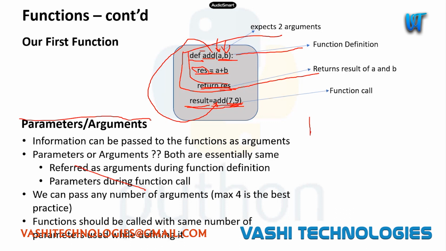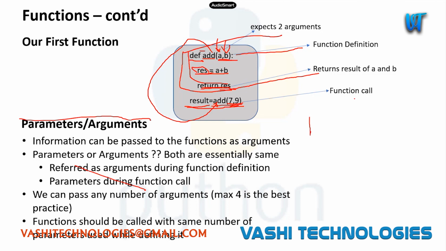But as per functional principles, during function definition they are referred to as arguments, and when making the function call, we term them as parameters. But both are exactly the same. There is no change in them.